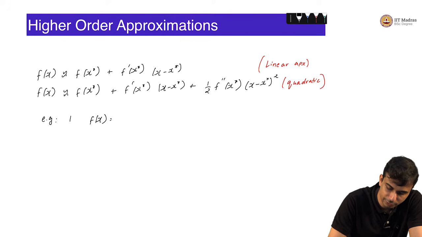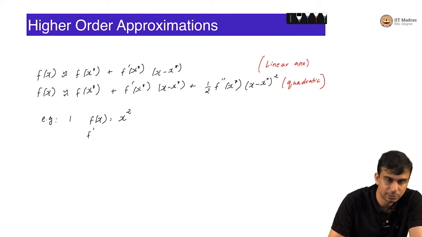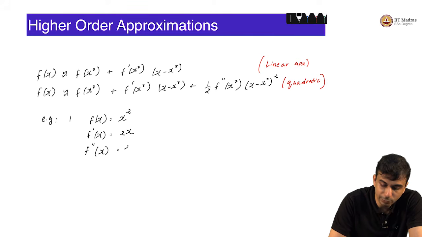Let us say f of x is equal to x squared, in which case f dash of x is equal to 2x and f double dash of x is simply the derivative of the derivative, which is equal to 2.